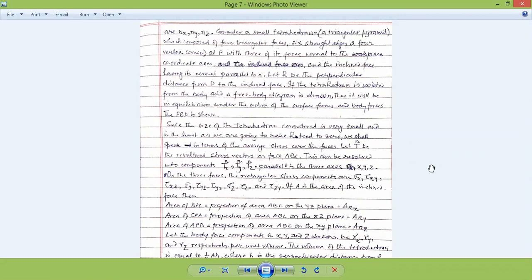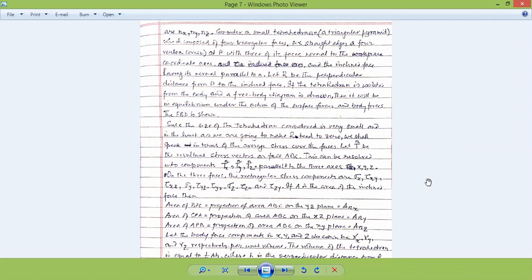But here it exists because we are using the free body diagram, and we are resolving these forces along the x, y, and z axes and writing down the forces Tx, Ty, and Tz. It is a vector, and it is parallel to the normal n. That's why n is written on top of it.